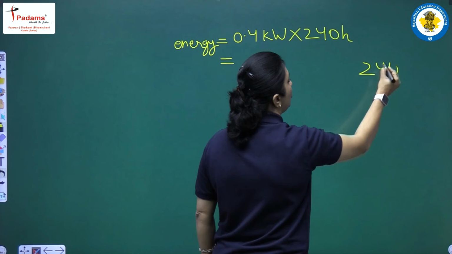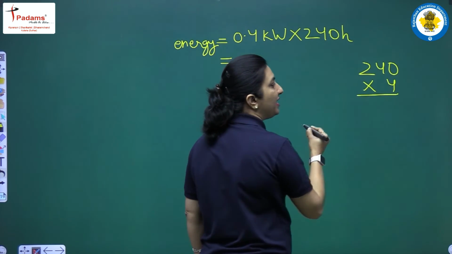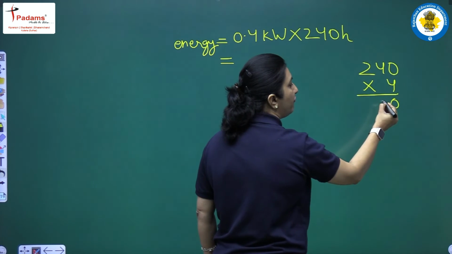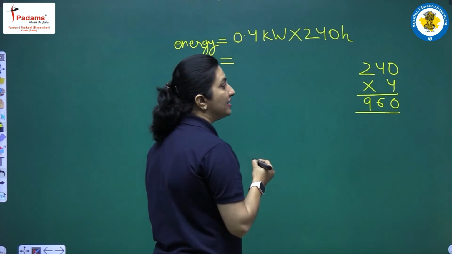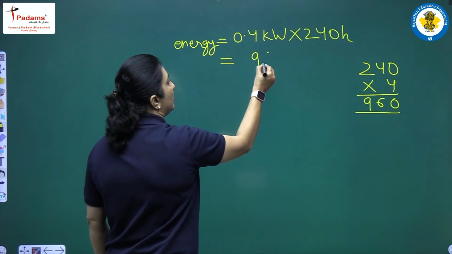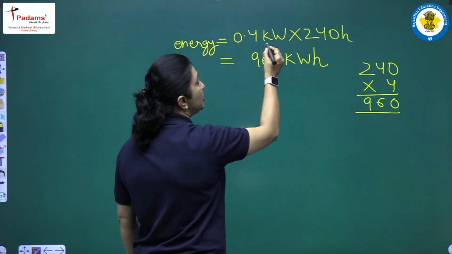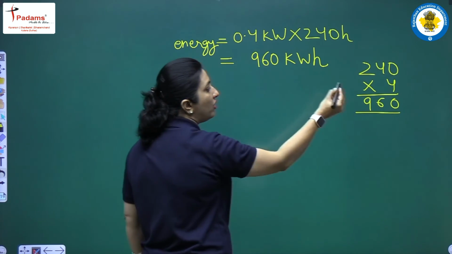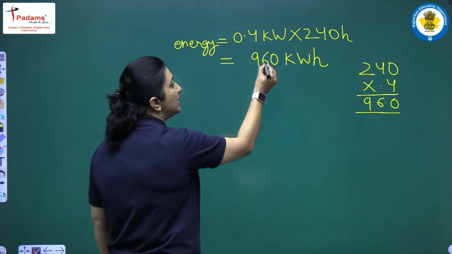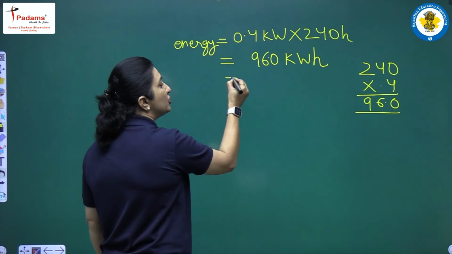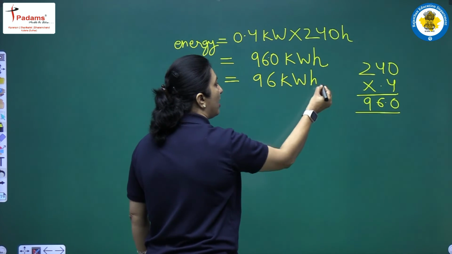First I'll multiply it with a 4. 4 zeros are 0, 4 fours are 16, 4 twos are 8, and I have 960. Since I had a 0.4, I have to put a decimal over here. So the value comes out to be 96 kilowatt hour.